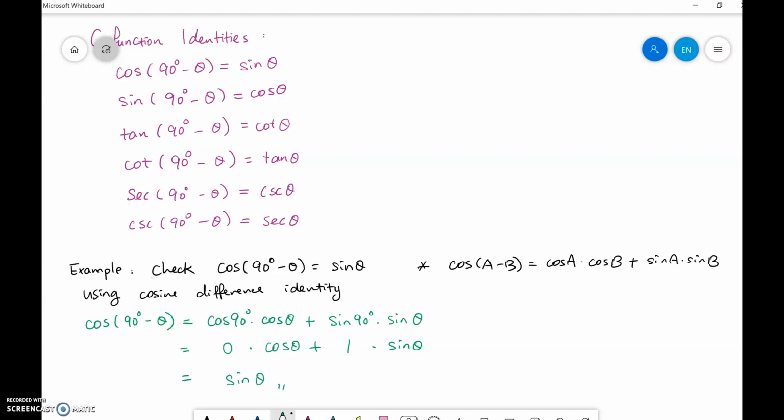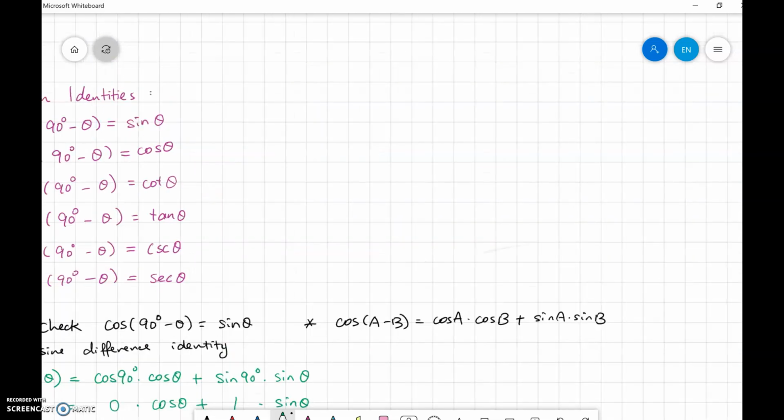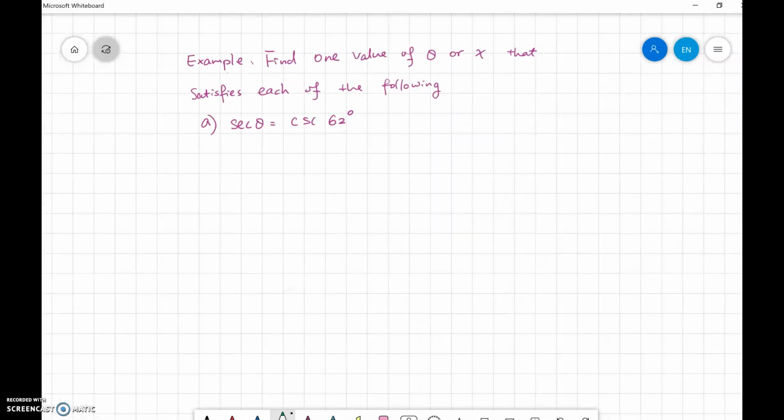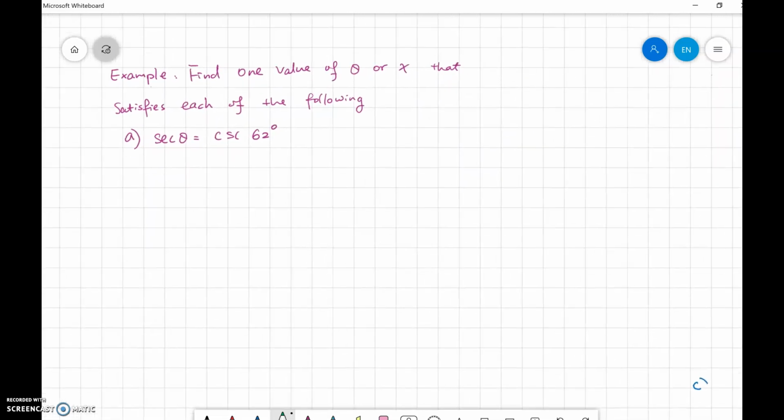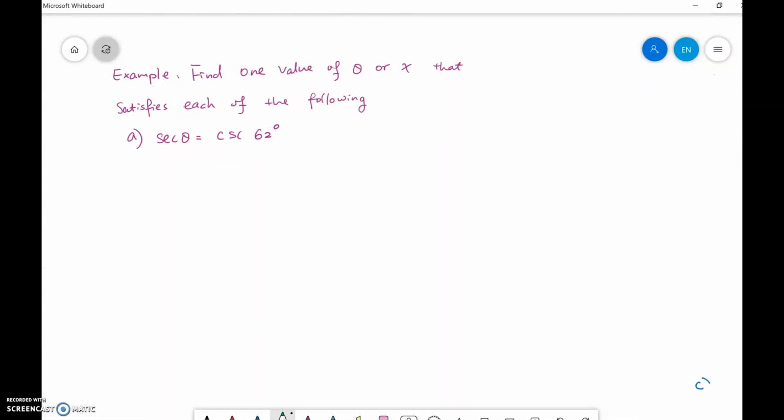Now we're going to do some quick review of the cofunction identities. So we have some examples here. The example we want to do is find the value of theta or x that satisfies the following equation. The first one, I have secant of theta equal to cosecant of 62.